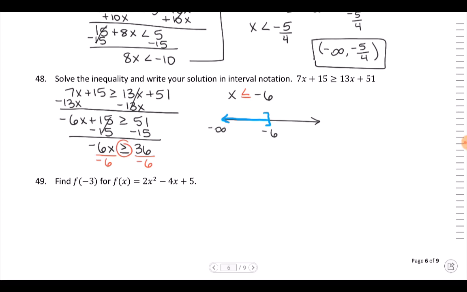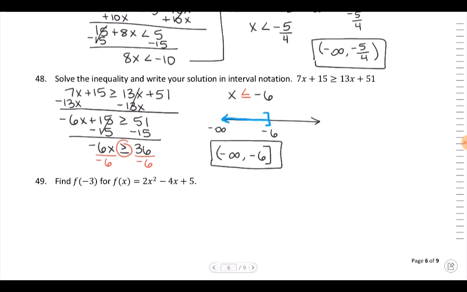Now, again, it's not mandatory that you draw the number line. I just think it's really helpful to writing the interval notation. So your smallest value would be negative infinity, and then your biggest would be negative 6, and then you would put that bracket on there. So it flows very nicely into the interval notation if you just graph the number line.